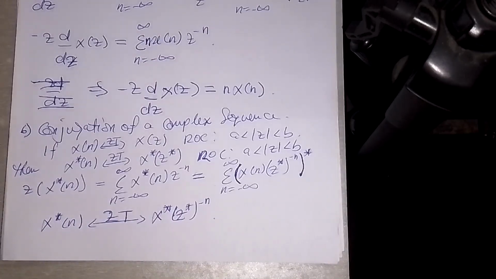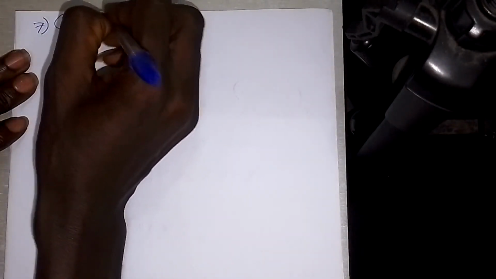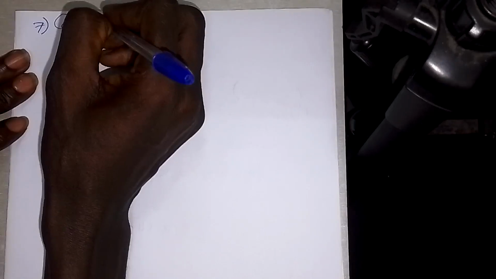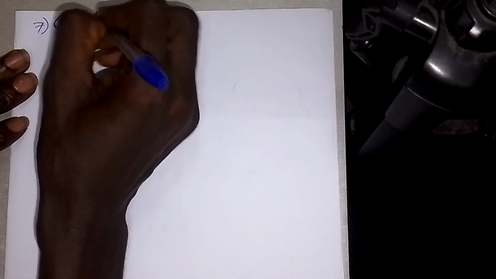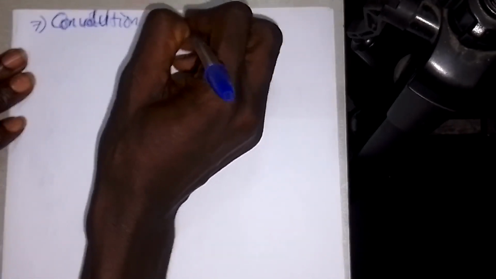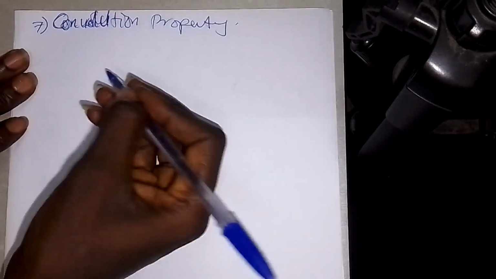Okay, so now let us see another one. Let's see property number 7, which is the convolution property.